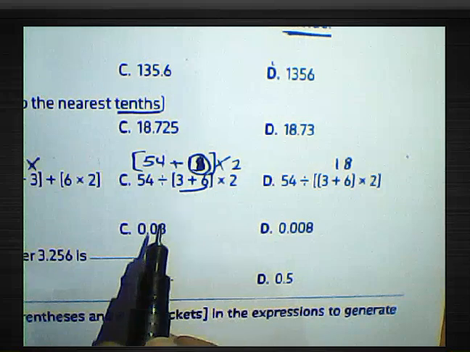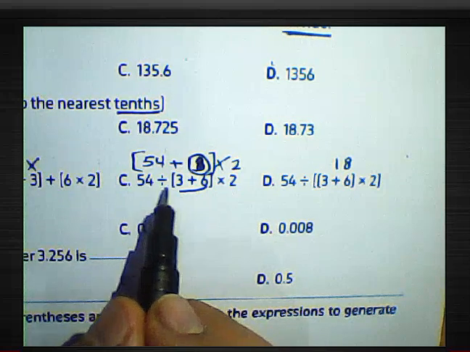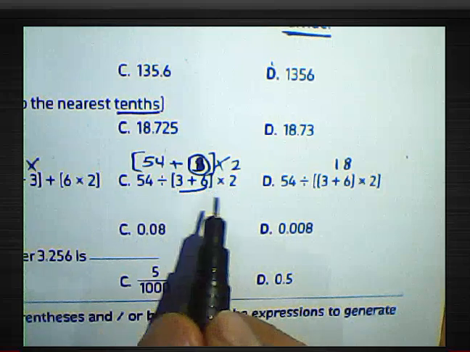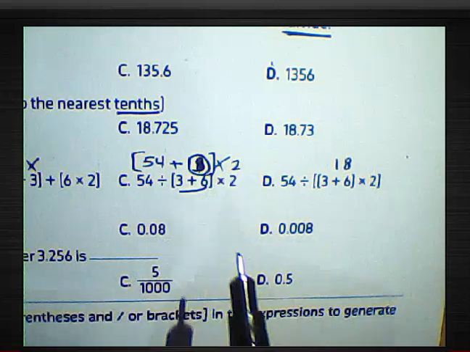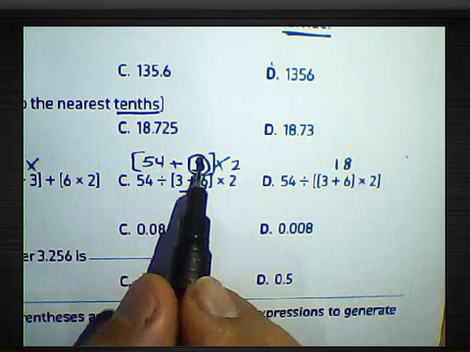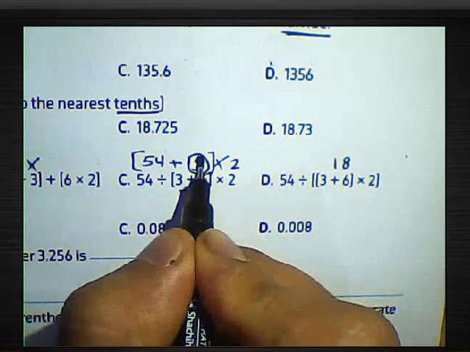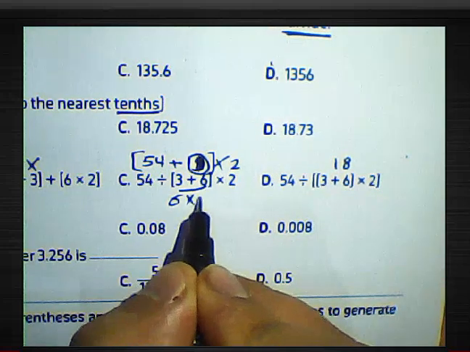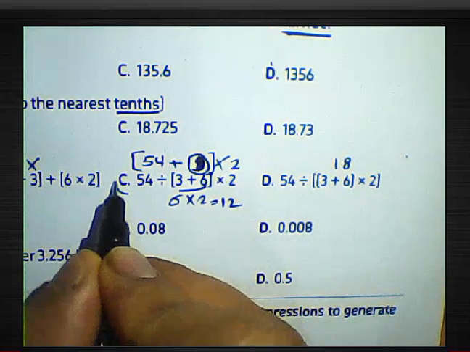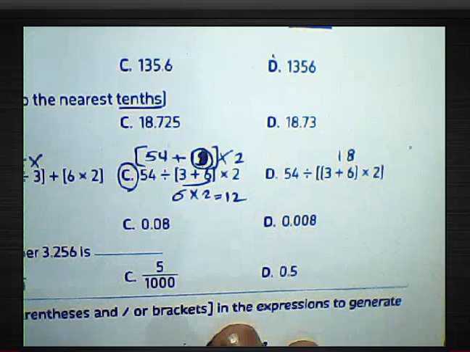We know 3 plus 6 equals 9. And we have here in the brackets 9 and 2. So we must find 54 divided by 9. 54 divided by 9 equals 6. 6 times 2 equals 12.